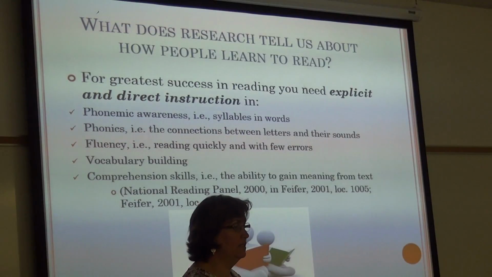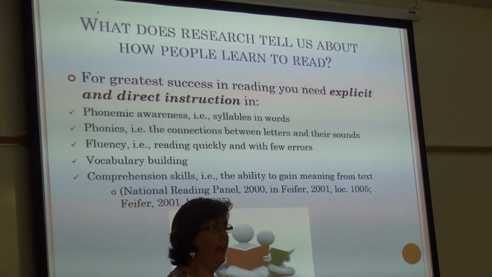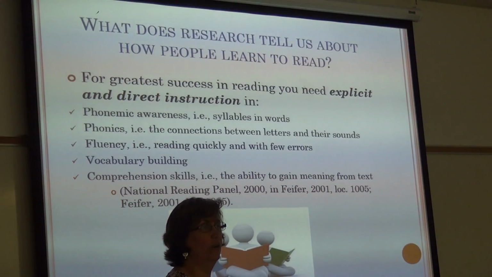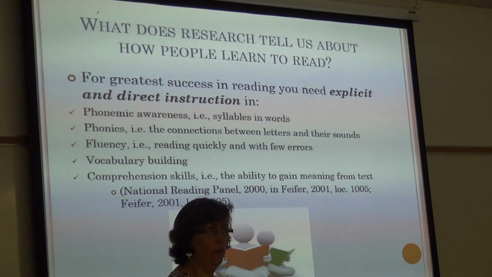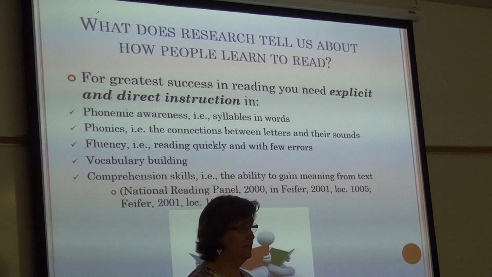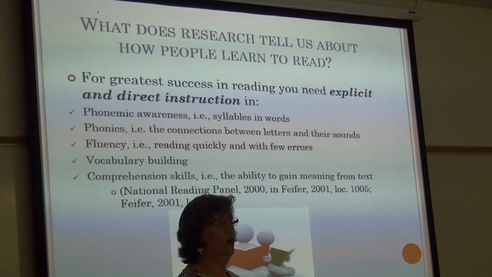For greatest success in reading, you need both explicit and direct instruction. Another word for explicit is very overt, and direct also. People need to have this explicit and direct instruction in phonemic awareness, so syllables and words, learning how to break words down into syllables.